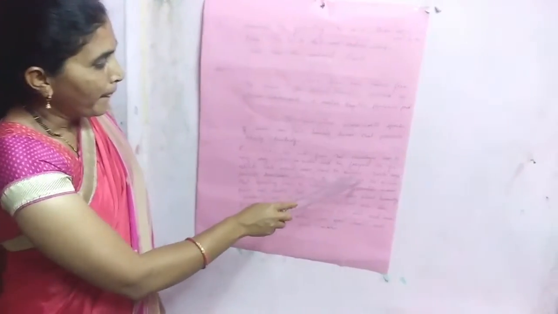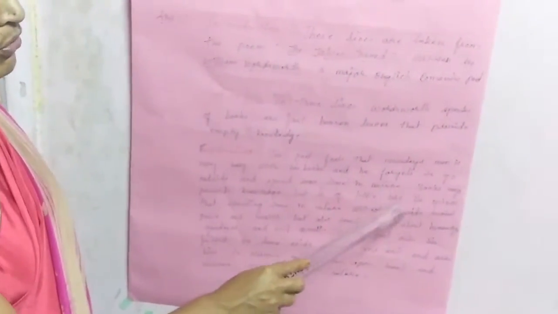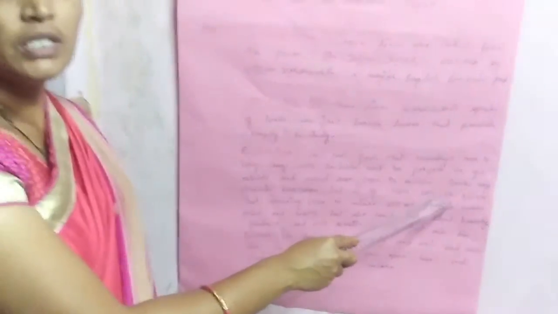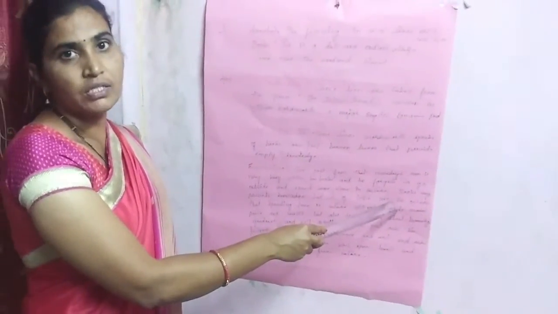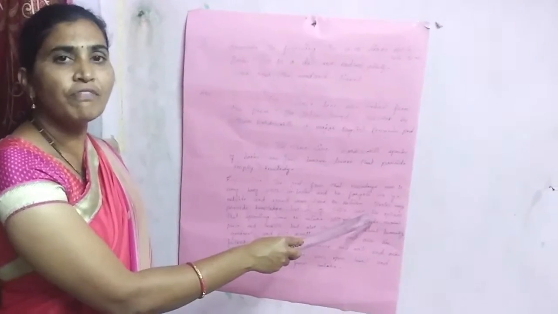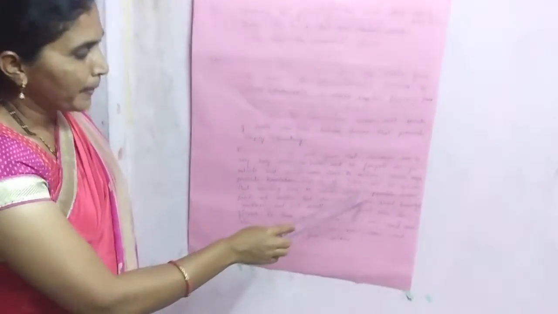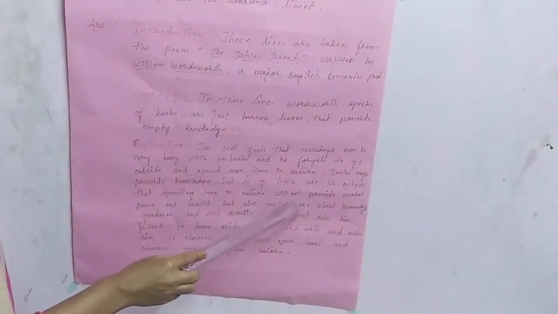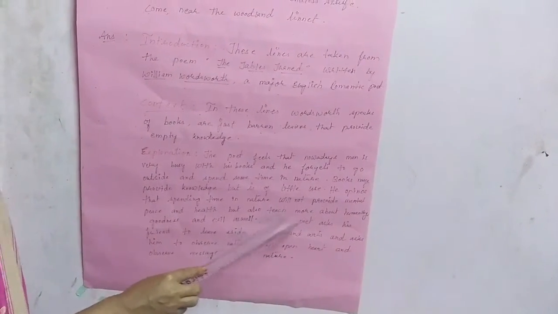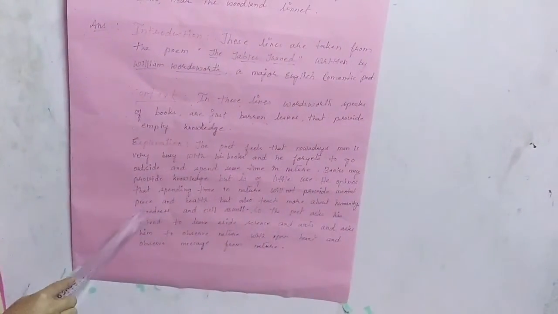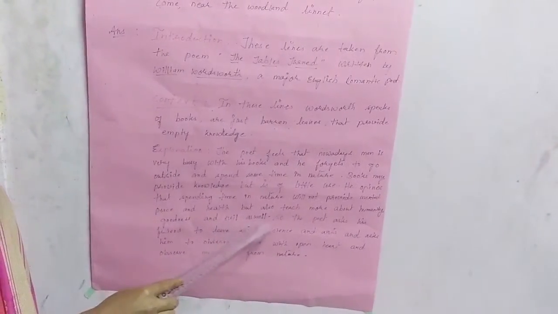Then, books may provide knowledge but it is of little use. According to Wordsworth, reading books gives knowledge, it's right, but that is of less use. Mostly no use. He opines that spending time in nature will not only provide mental peace and health, but also teach more about humanity, goodness and evil as well.